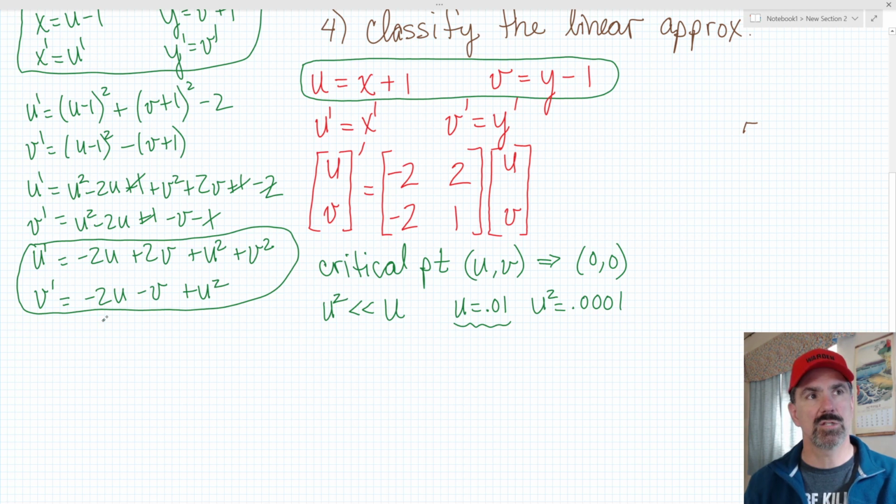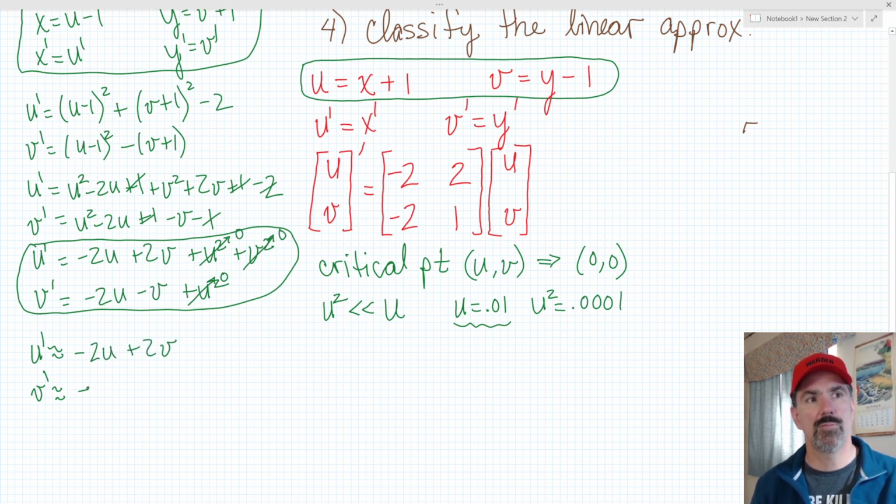What that means is when I approximate u prime and v prime, I'm going to assume that these higher order terms are equal to 0. And what that leaves me with is u prime is approximately minus 2u plus 2v, and v prime is approximately minus 2u minus v. This is the linear approximation in u and v.